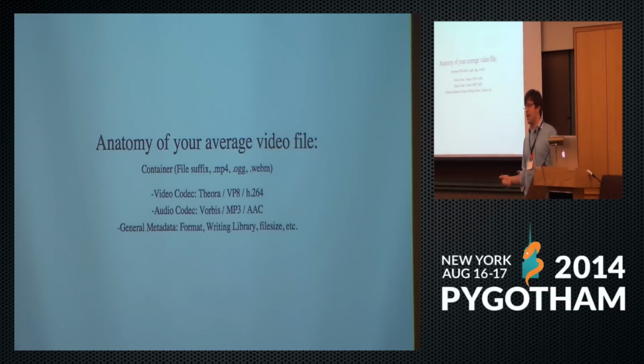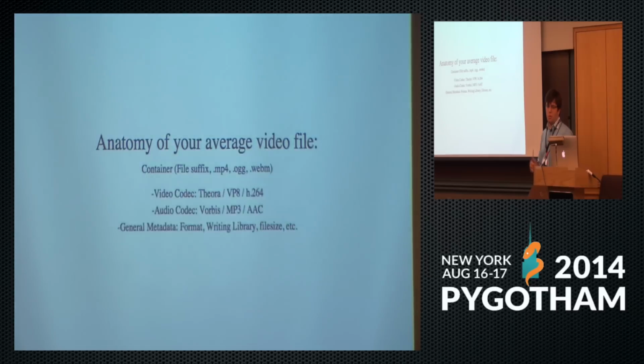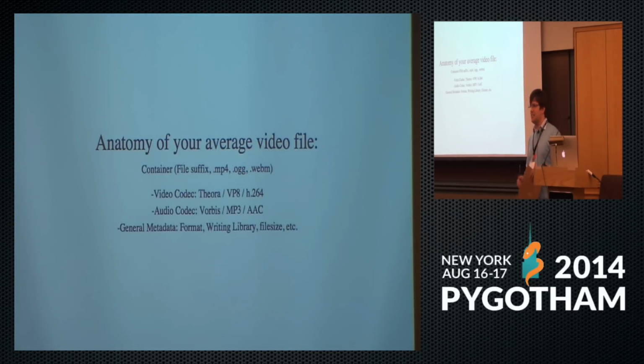Your container has your headers, stuff that indicates what your codec type is, what library was used to write this file, what settings it has, its frames per second, its bit rate. All of the data about the file is contained in the header. And then the codec and the actual data for the file, that's where the movie is. That's what you end up watching. That's the group of pictures. That's everything.